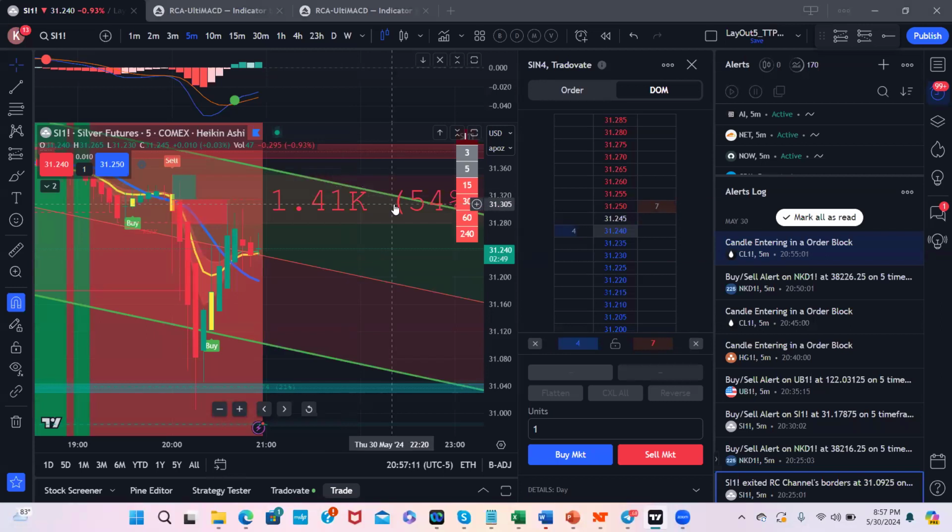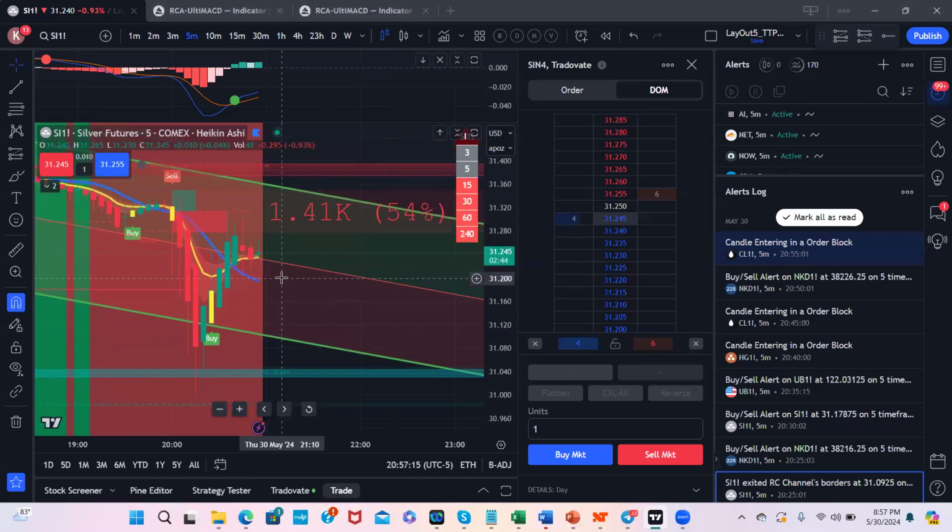We enabled the algos in NinjaTrader, and we are trying to take some manual trades. We are waiting for silver to give a sell signal.